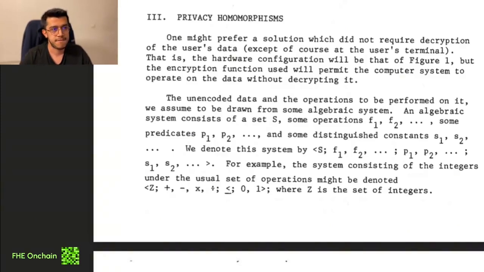Here we have the unencoded data and some operations to be performed on it. In our case, it would be like comparing whether the result of some operation is greater than $5,000 or not, or something else regarding financial computations. Also, we have a set S, some operations F1, F2 till Fn, let's say, some predicates P1 to Pm, and some distinguished constants S1 to Sl.